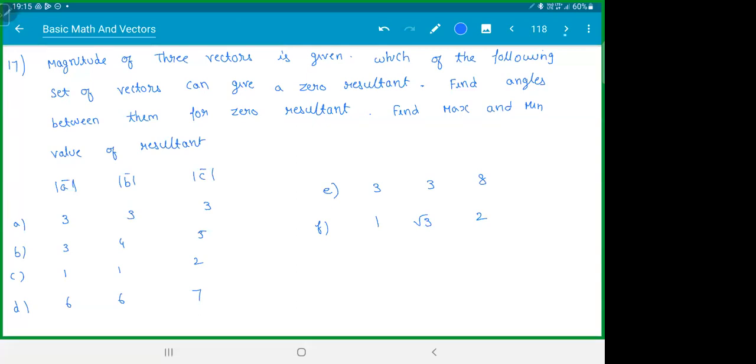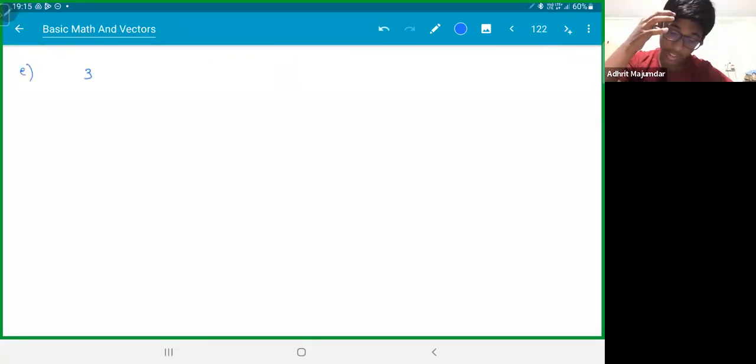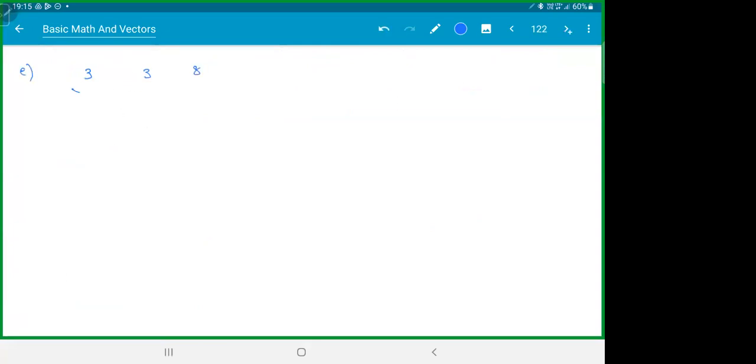What is 3, 3, 8? Angle is not possible. It's not possible to form a triangle. The sum of two sides, 3 plus 3, is not greater than 8. You can't form a triangle.